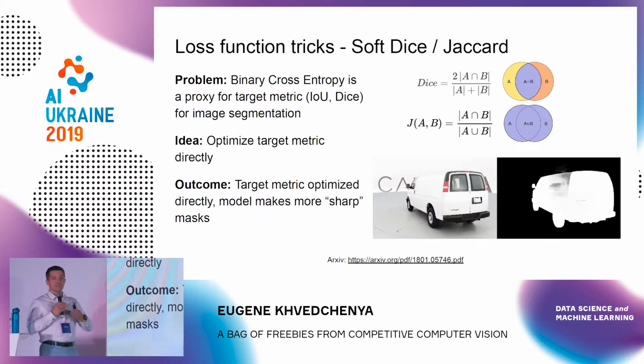So the next loss function, really popular among segmentation challenges, is soft dice or soft Jaccard. They are really similar. And here is the idea. Usually when we are doing any kind of segmentation problem, we are interested in the quality of the segmentation.